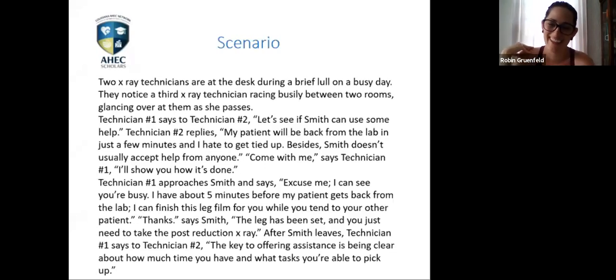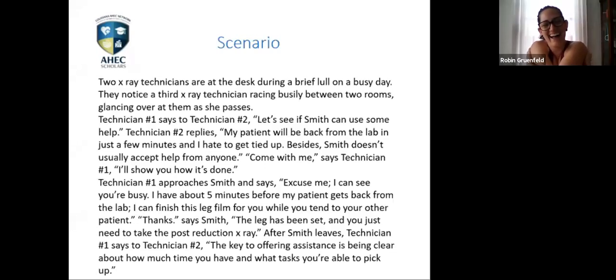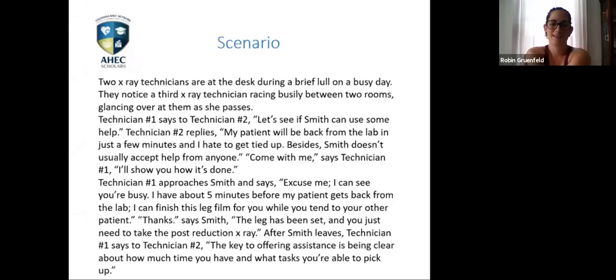Are you Smith? Oh yeah, I'm definitely that person that's like, no, I can do it. And I'm trying to learn to be better about it for sure. It's a practice. Does anybody have any thoughts about this?